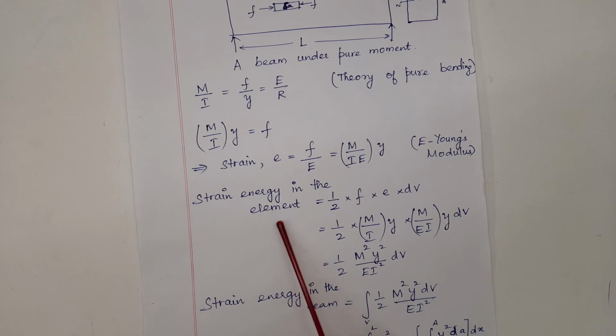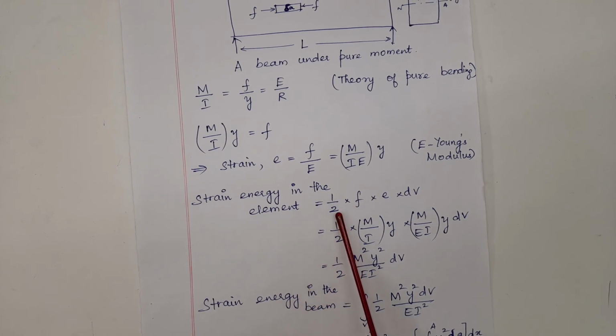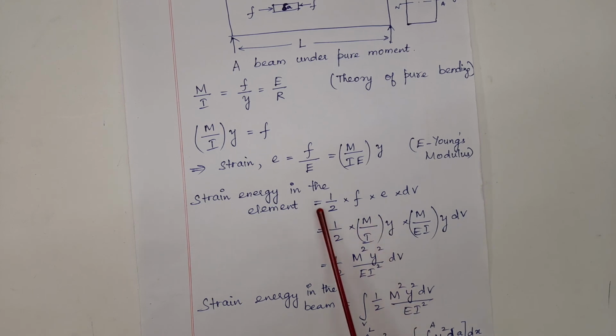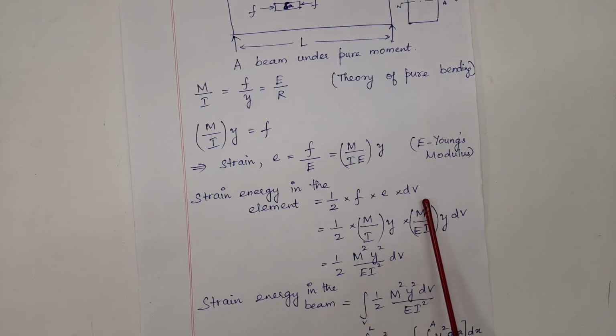Strain energy in the element is given as half into stress into strain into dV. You have seen this already. So if it is a linear elastic structure, we take half into stress into strain. That is the area under the stress strain curve into dV.